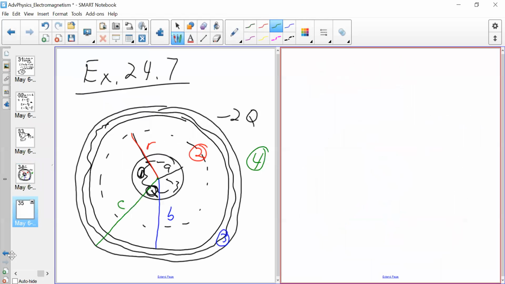Without too much ado, we found 1 already in the previous example, on the interior. So we can go ahead and say that the electric field at 1 is going to be, if you remember, kQ over A cubed times r.